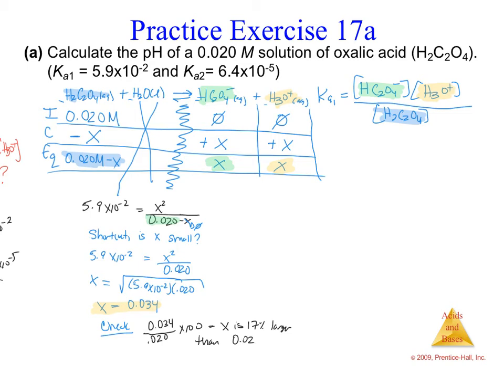So that tells us the shortcut does not work. Okay, so since x is larger than the number we were subtracting it from, it obviously does not work. So what does this mean? That just means we have to go back and use the quadratic formula.